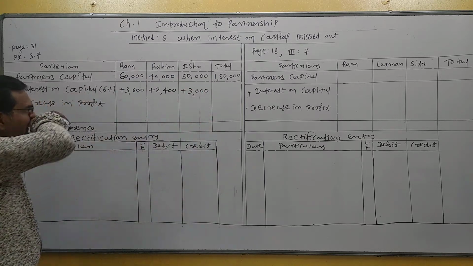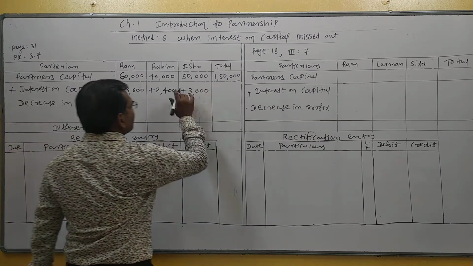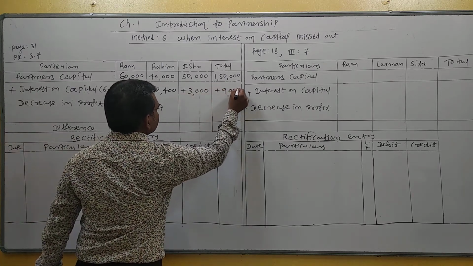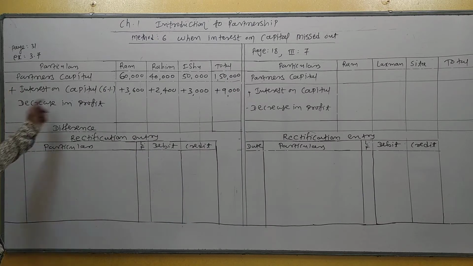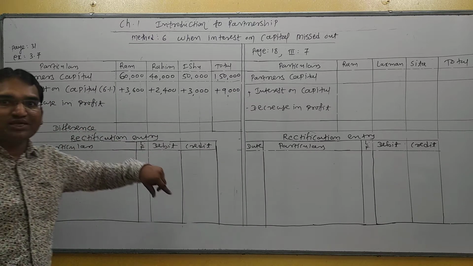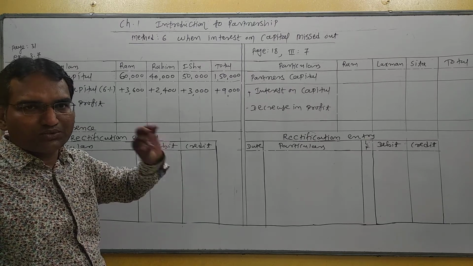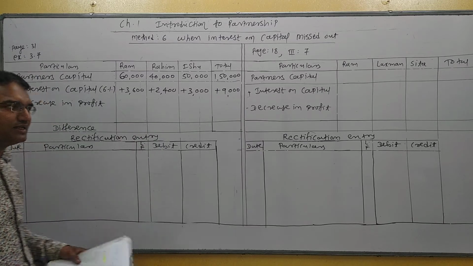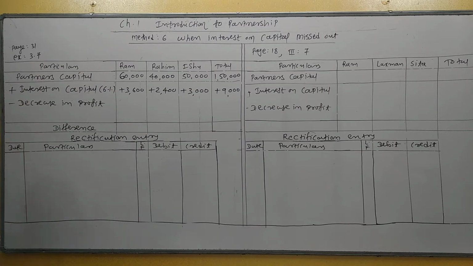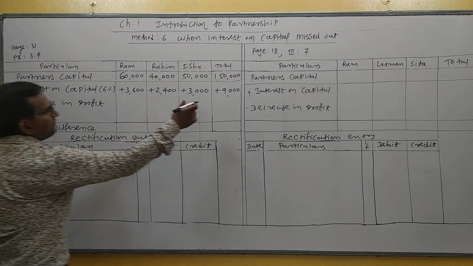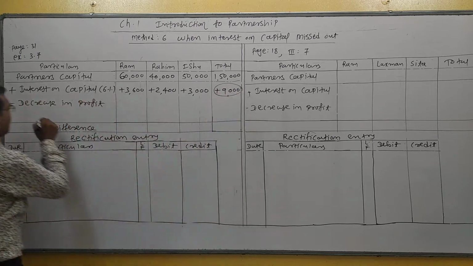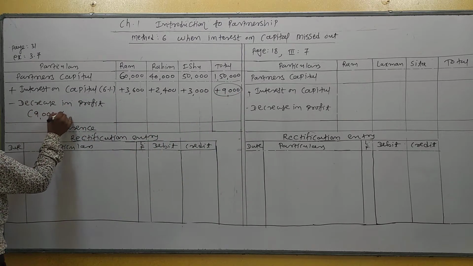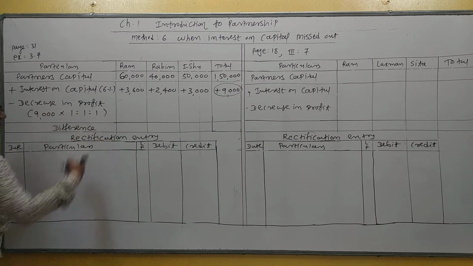Total interest on capital: 1,50,000 at 6% is 9,000, right? The second effect of interest on capital is debited to P&L account. And if you want to pass this adjustment, there is a decrease in profit, so minus sign. Total profit decreased by 9,000, and this 9,000 is divided between partners in their profit sharing ratio.